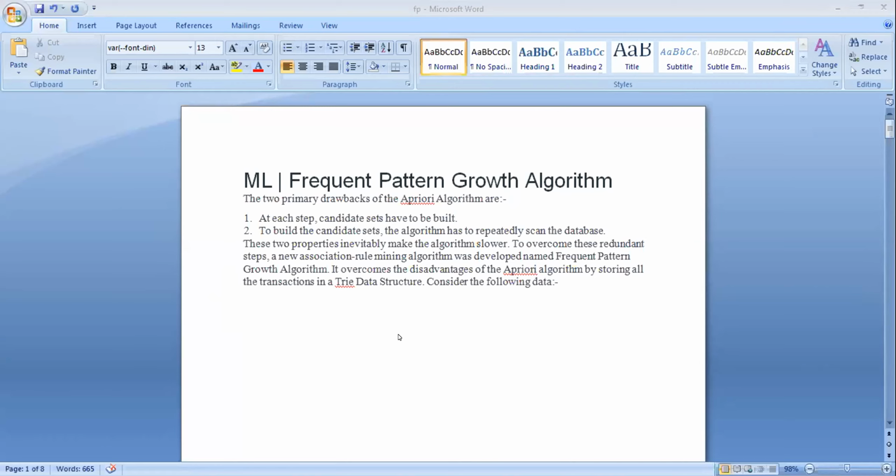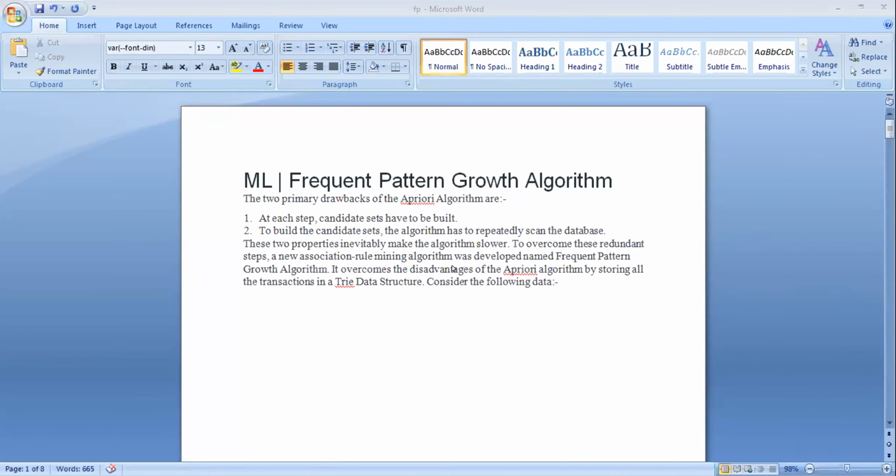So here, what are the drawbacks of the Apriori algorithm? In each step, the candidate sets have to be built. To build the candidate sets, the algorithm repeatedly scans the database.